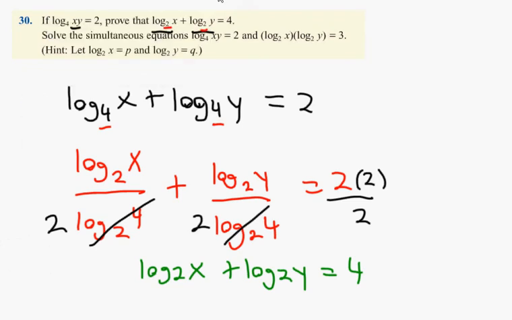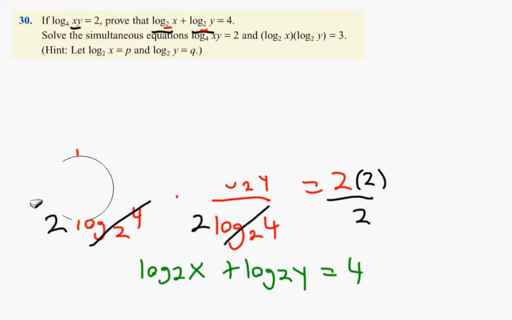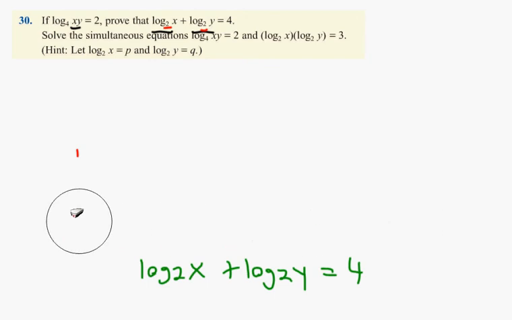Next thing. Solve the simultaneous equation: log to base 4 of xy equals 2 and log x to base 2 times log y to base 2 equals 3. Well look, one thing I'm sure about is I'm just after doing this first part and it turned into this here.